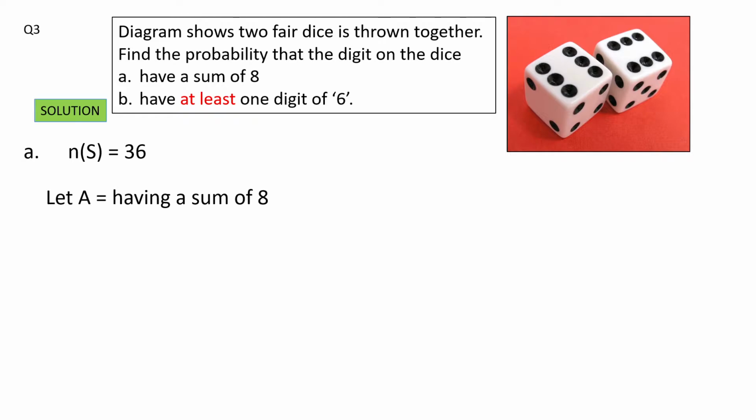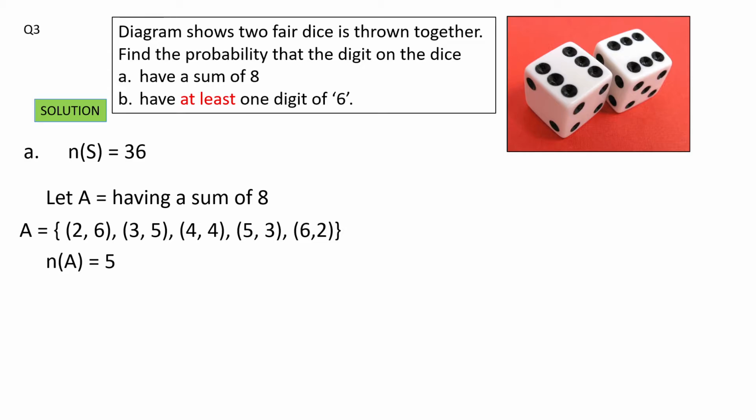Next, let A be the event of having a sum of 8. From the sample space, you can choose all the outcomes that will give you a sum of 8. So here, set A equals 2,6; 3,5; 4,4; 5,3; and 6,2.